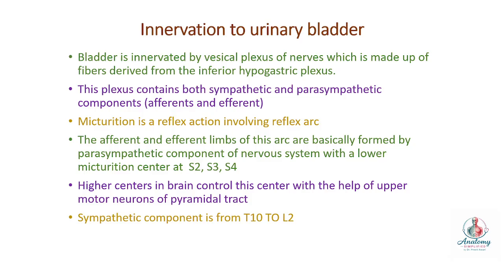This is derived from thoracic spinal segments 10, 11, 12 and lumbar spinal segments 1 and 2. So both sympathetic and parasympathetic components supply various parts of the urinary bladder, and together they control micturition.